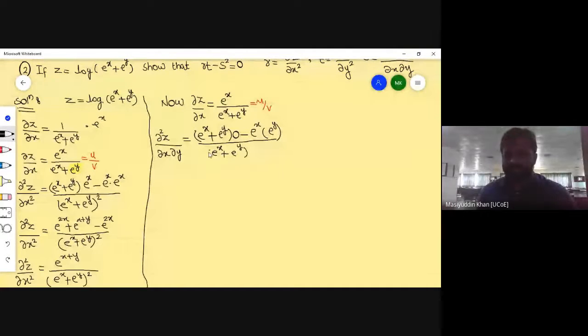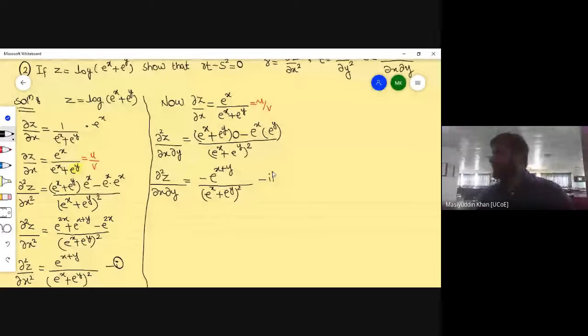Now you can see that 0 into anything becomes 0, and you will get dou square z by dou x dou y equal to minus e raised to x plus y upon (e raised to x plus e raised to y) raised to power 2. This is my equation number 1, and this is my equation number 2.